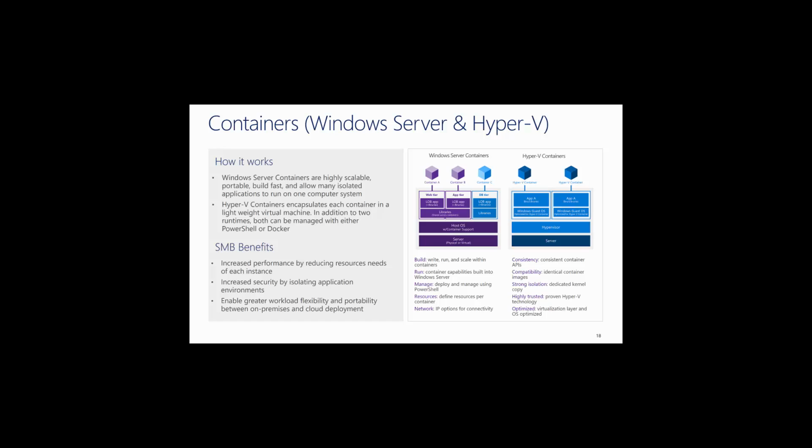So if we take a look at the benefits here, we can increase performance by reducing the resource needs of each instance. We can increase security by isolating the application environments. And we've got much more flexibility and portability between on-prem and cloud deployment, because services like Azure will allow you to bring these containers in.